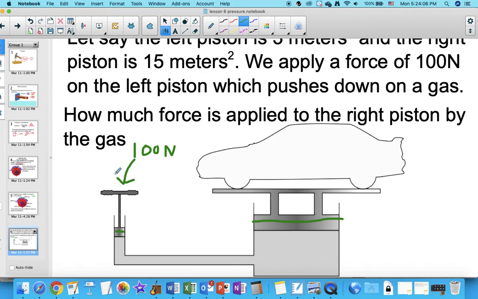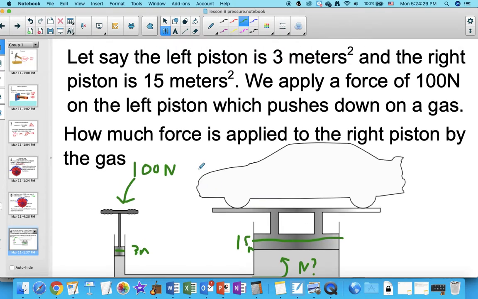So we apply 100 newtons of force over 3 meters, and this force is felt by this gas and pushed up by this piston. So how much force is felt by that piston?